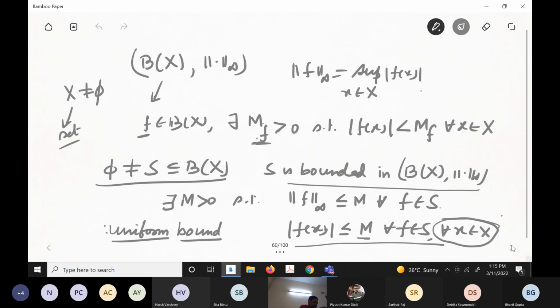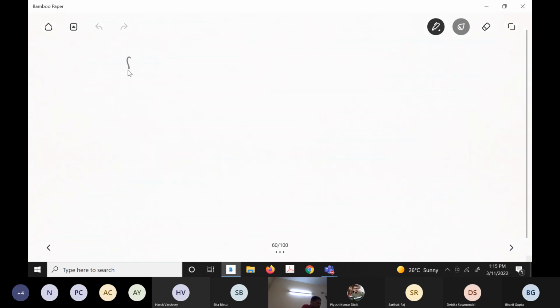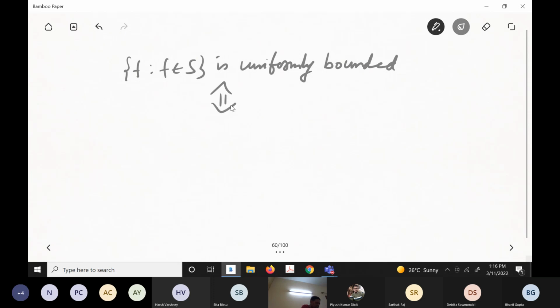That means we say F, F belonging to S, is uniformly bounded. That is, one single bound is working. That also happens if and only if S is bounded in this nonlinear space.